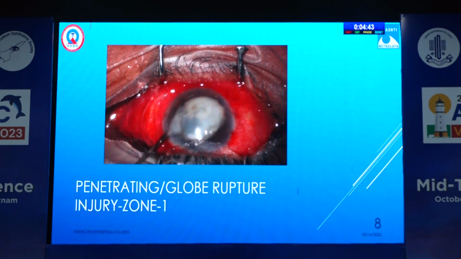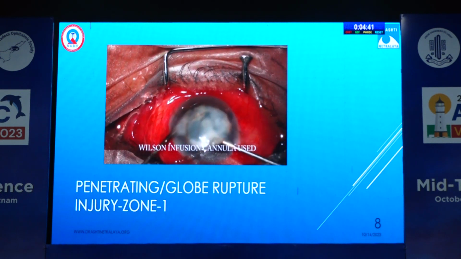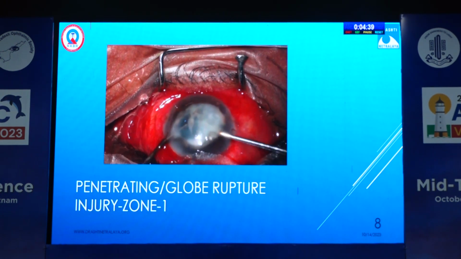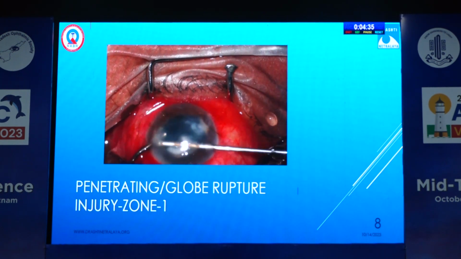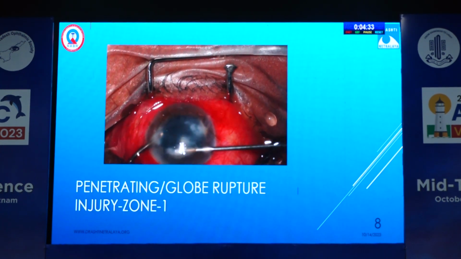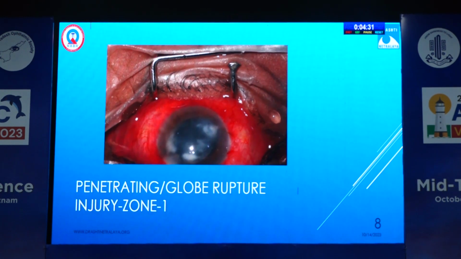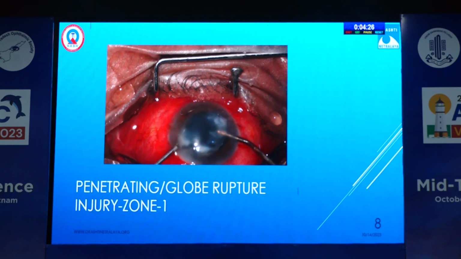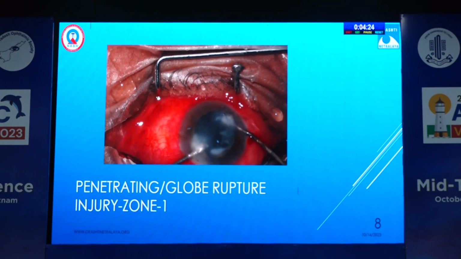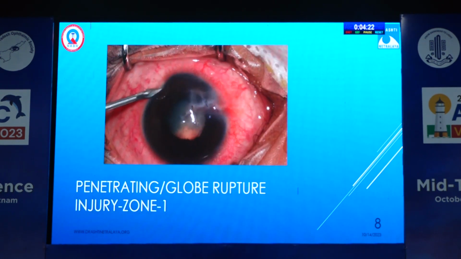So this is the case where we had a penetrating injury, and managing the anterior segment. Only this much exudate was there, and the posterior segment was very clear.